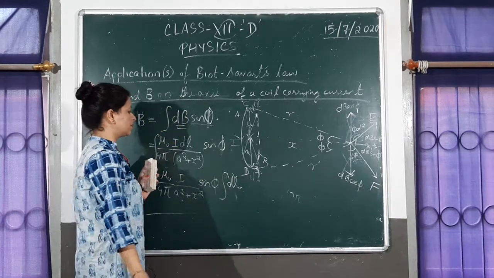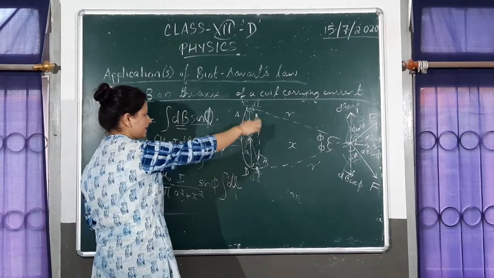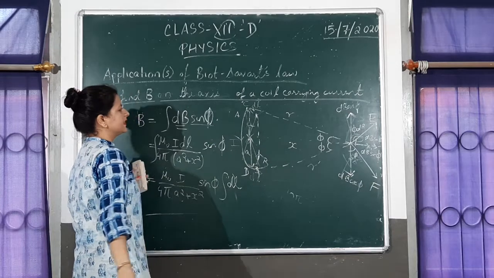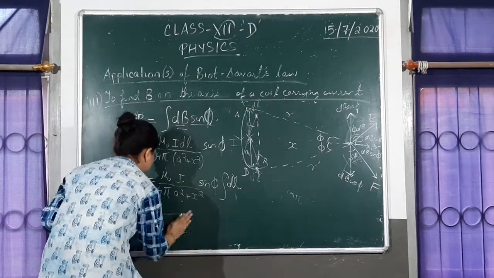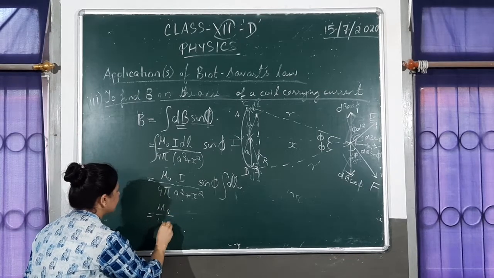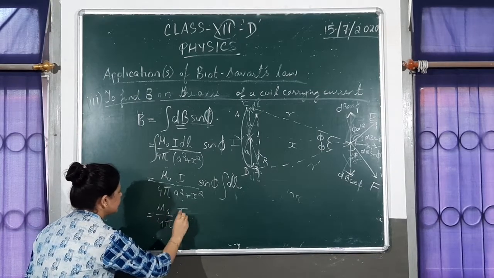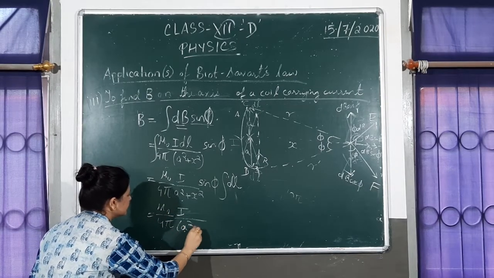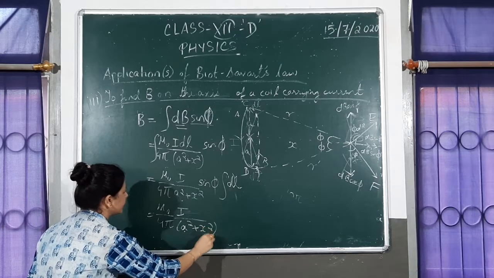Now again it is a circular loop. If you integrate dl many number of times, you will be getting the entire length of the coil. So it will be equal to mu naught by 4 pi I by a square plus x square.